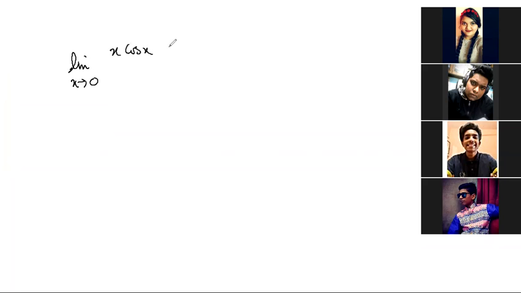Limit of (x cos x plus sin x) divided by (sin 3x plus x cos 2x).